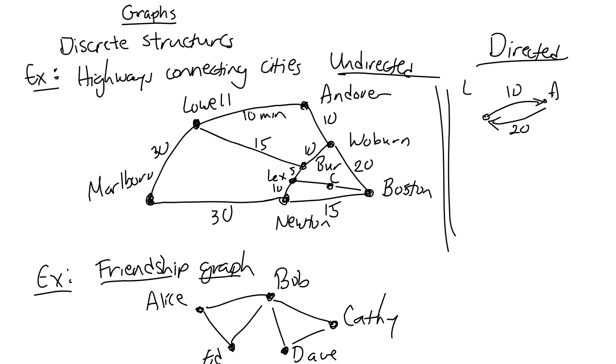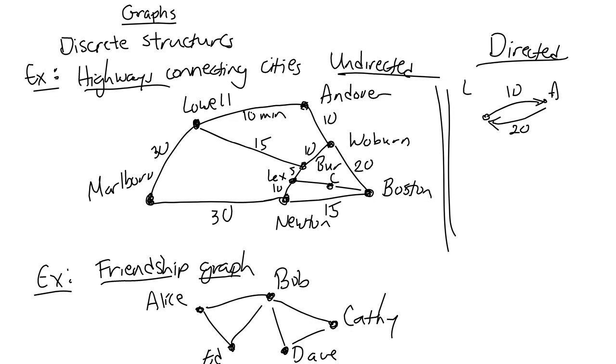Now, sometimes books will talk about an acquaintanceship graph, and an acquaintanceship graph might be slightly different. Usually, friendship is mutual. If Alice and Bob are friends, Bob would agree that they're friends. Acquaintanceship can have directions because Alice might say, well, I know Bob, but everybody knows Bob, and so he doesn't know Alice.